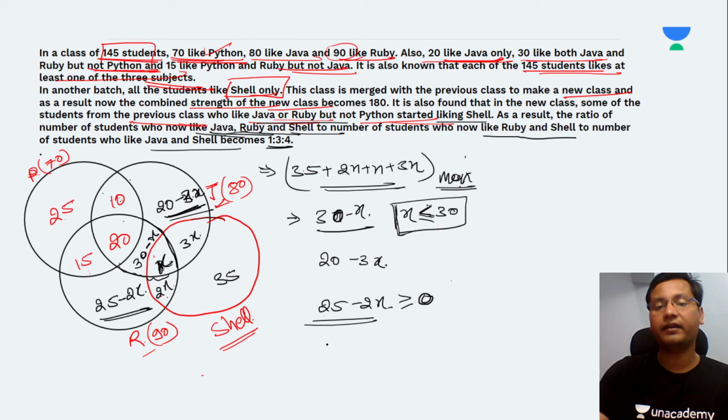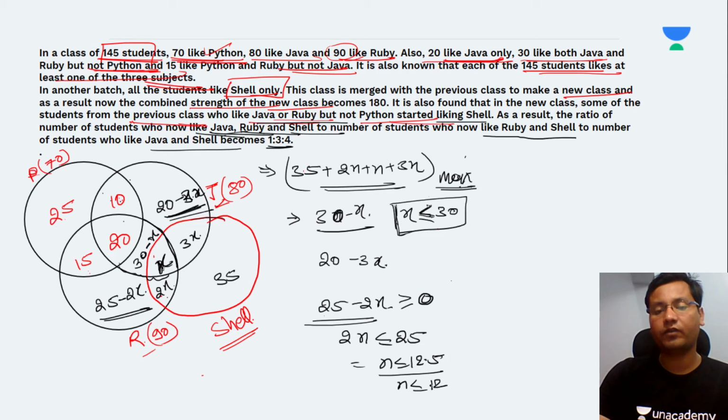So can I say 12x has to be less than equal to 25, and that means x should be less than 12.5. 12.5 is not a number, so मैं इसके nearest number ले लेता हूँ. x has to be less than or equal to 12. तो कम से कम 12 से छोटा होना चाहिए.